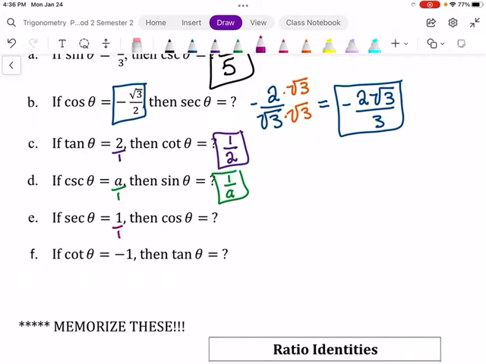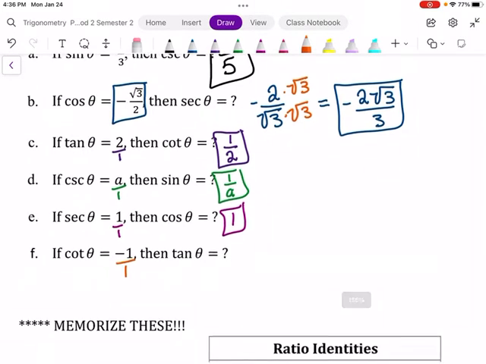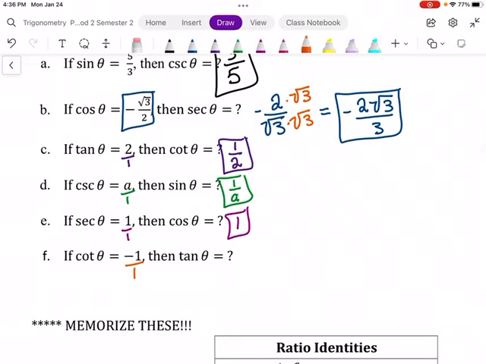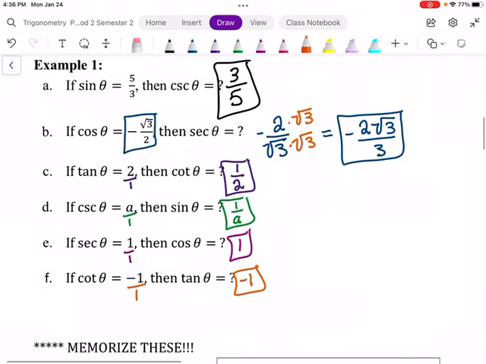Secant of 1 to cosine is just going to be 1 over 1, which simplifies to 1. And lastly, negative 1 over 1 from cotangent to tangent would be 1 over negative 1, which is the same thing as negative 1. So it's pretty simple once you get the hang of going between the reciprocal forms. You just flip them over.